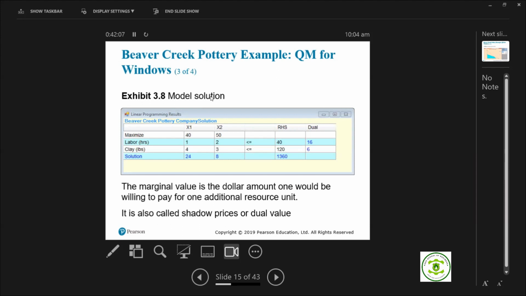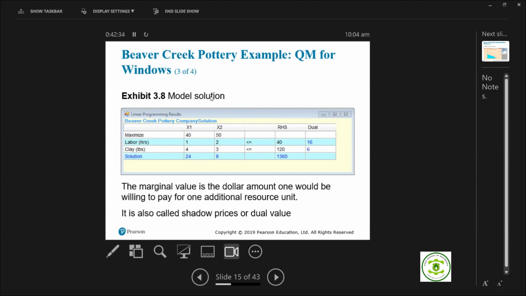Now, in some situations, we call them shadow prices. So, for instance, if you take labor, the marginal value is 16. If you take clay, the marginal value is 6.